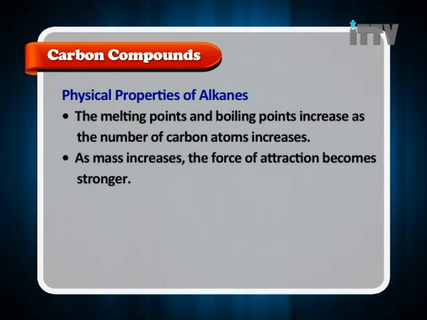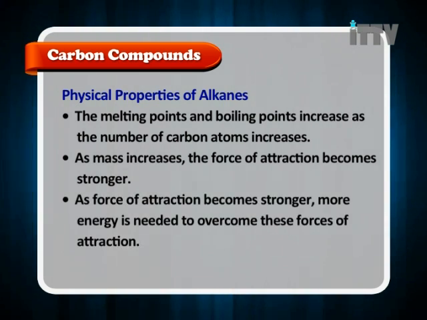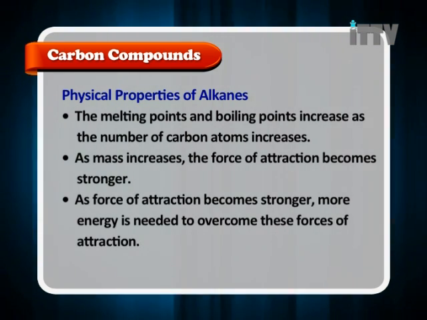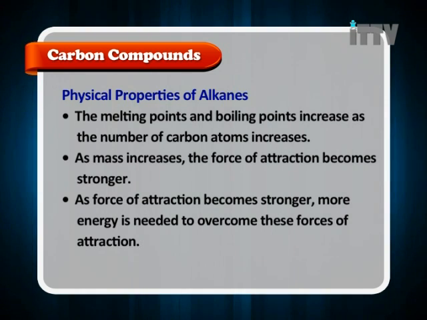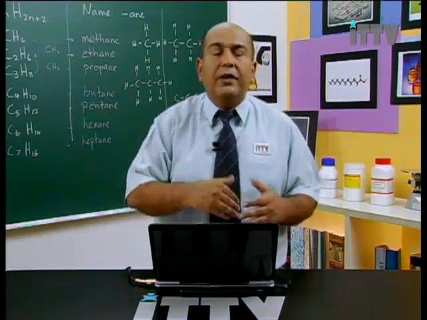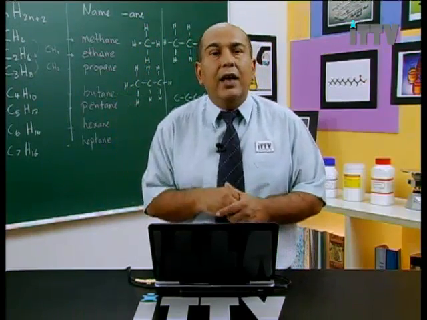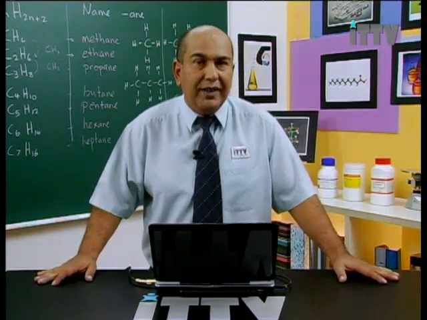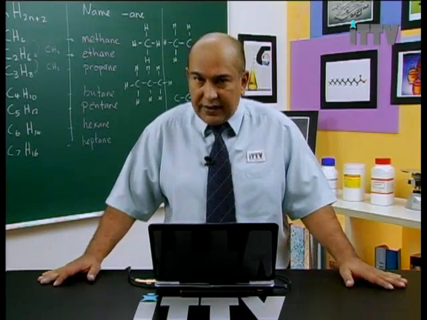As mass increases, the force of attraction becomes stronger. As force of attraction becomes stronger, more energy is needed to overcome these forces of attraction. So, therefore, as we go down the family of alkanes, our melting points and boiling points and our density increases.